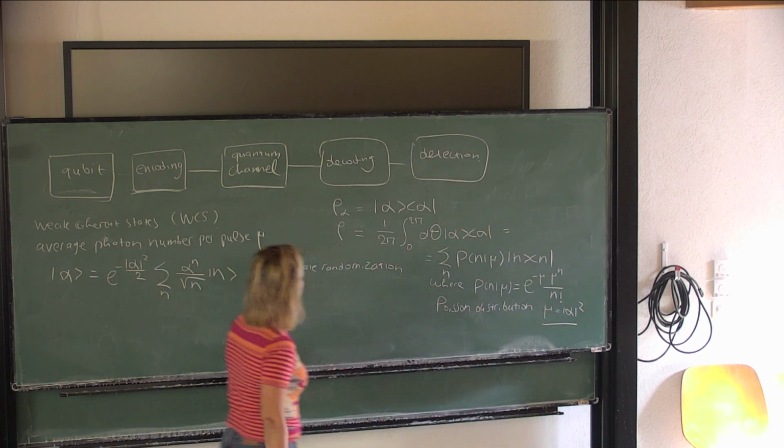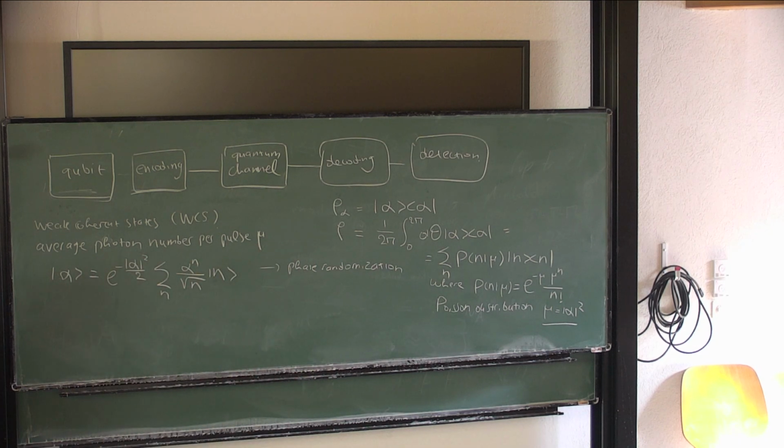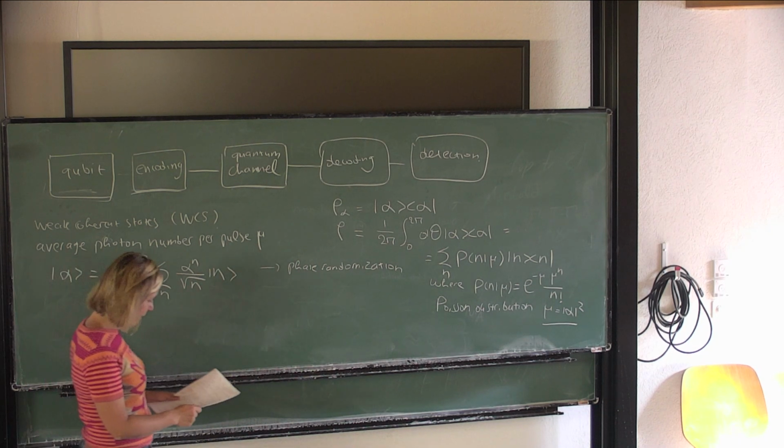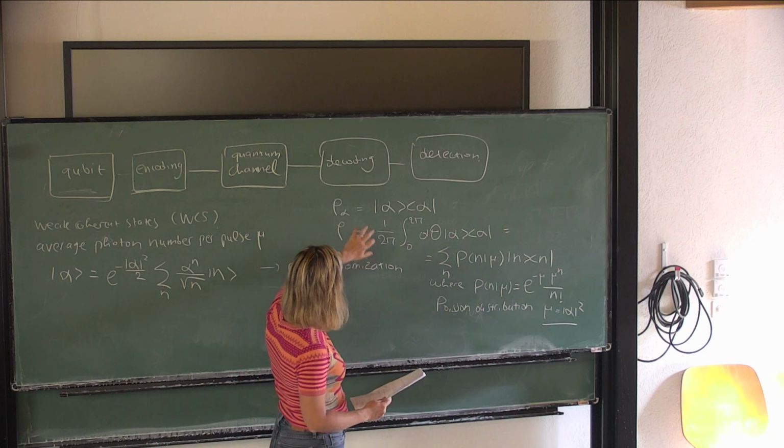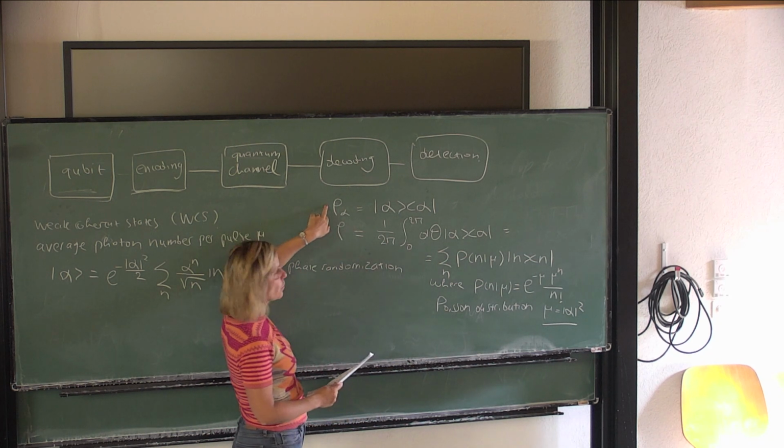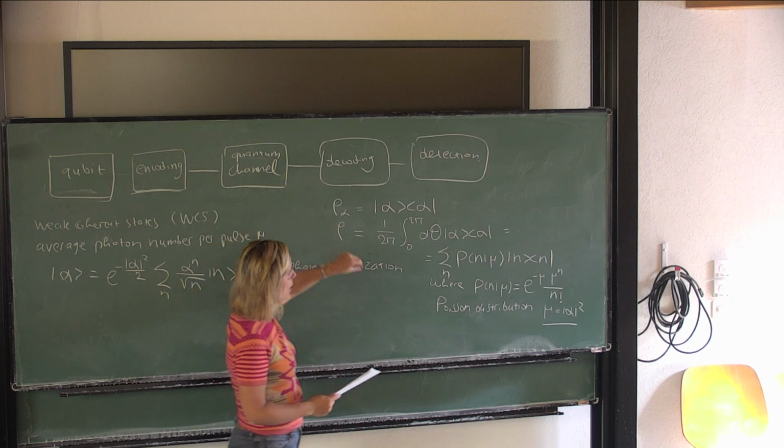Okay, so I repeat here, you have a phase randomized state, which is the average over all possible phases of the coherent state, which comes out of the laser.